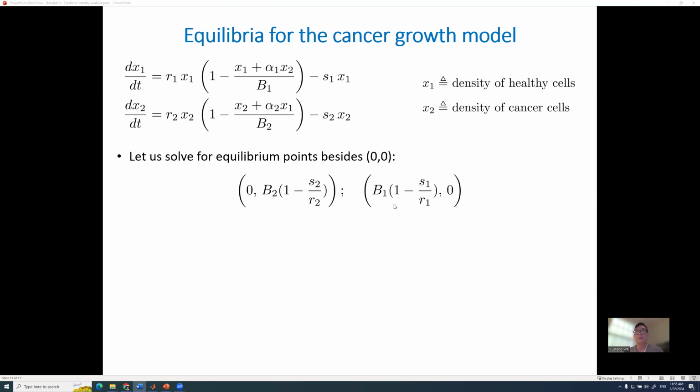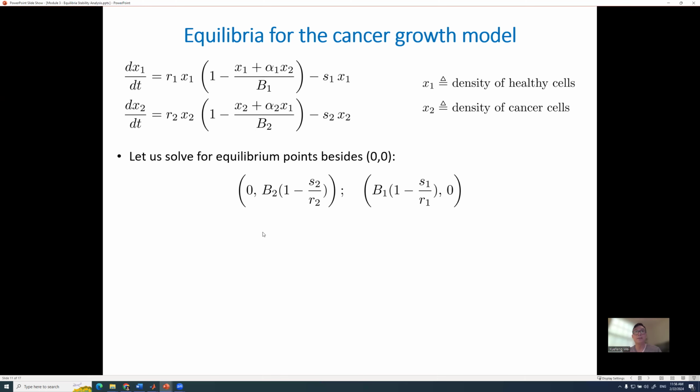These are just two ideal, extreme conditions, but they are very important for cancer therapy, because the total remission is what we want, while the first one means the cancer cells triumph. There is another equilibrium point that we can achieve by solving the two algebraic equations.